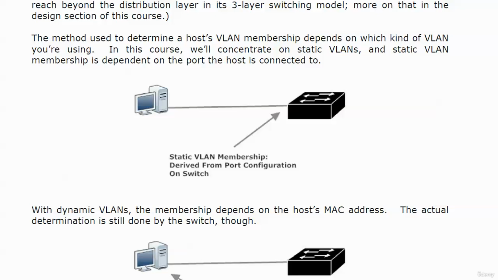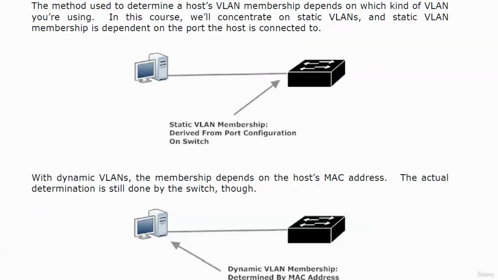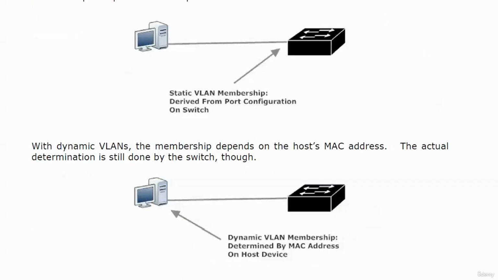Now, in contrast, with a dynamic VLAN, the membership depends on the host device's MAC address. So again, the static VLAN membership is really port-based, but the dynamic VLAN membership is address-based. Now, the actual determination of the VLAN membership is still done by the switch.